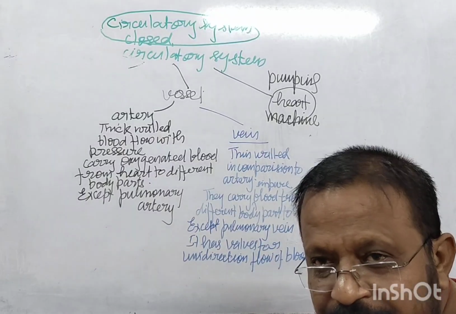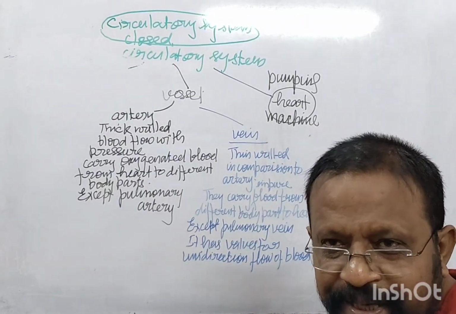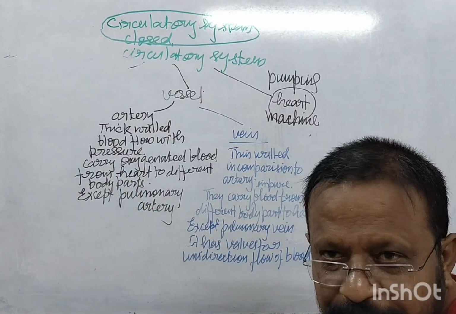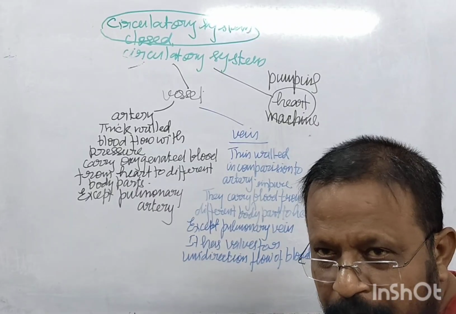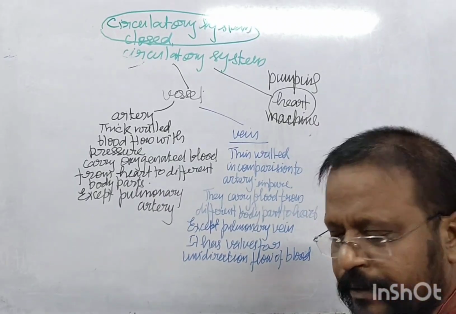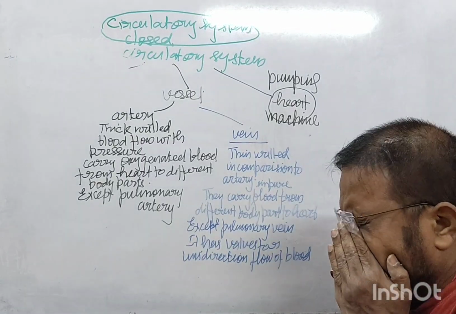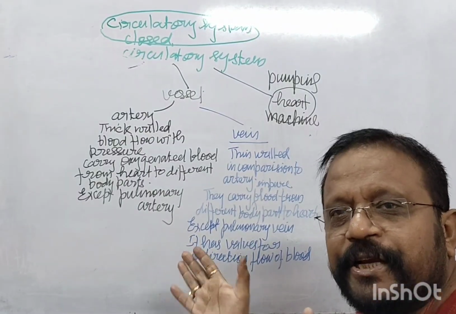When you start a journey, when in the morning you go to school, you become more energetic, right? Similarly, when blood is thrown from the heart with pace, it puts pressure on the walls.